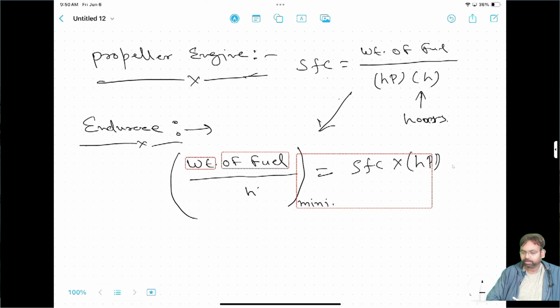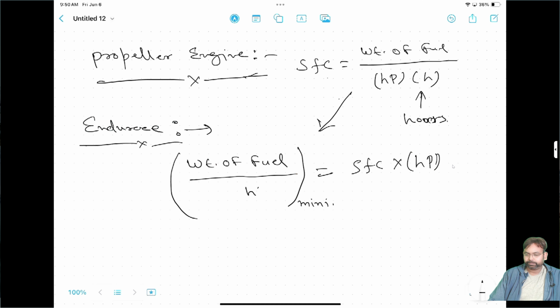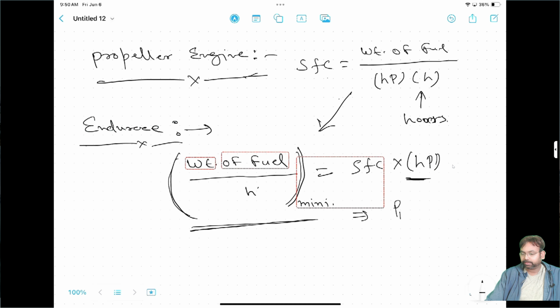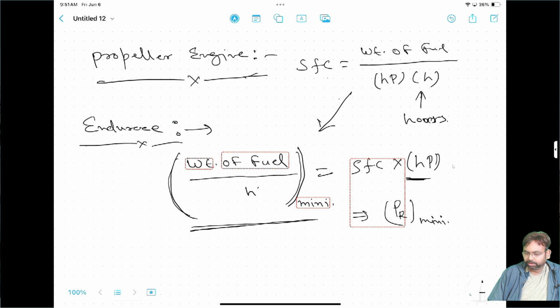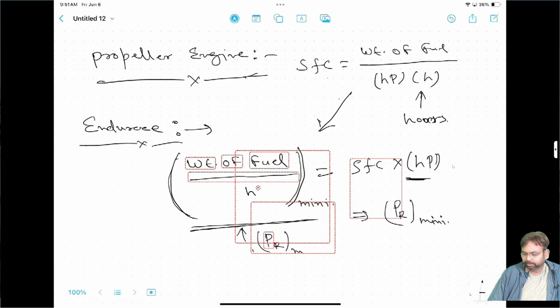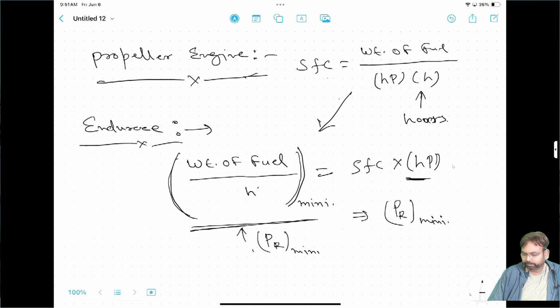So this factor is proportional to the power. It means if you want to make this factor minimum, then obviously from the above formula, your power required must be minimum.